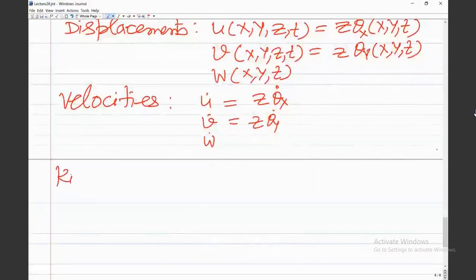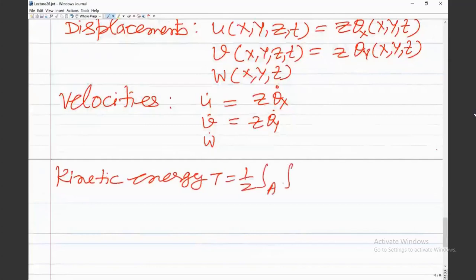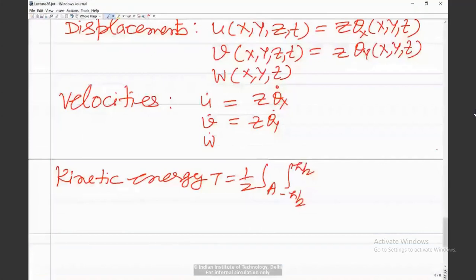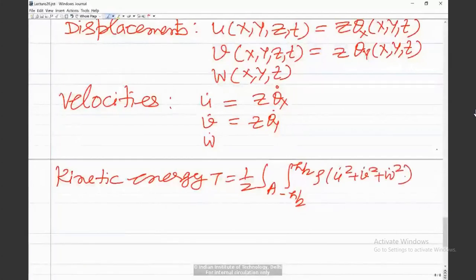So the kinetic energy T is half, integration over volume, and integration over volume is expressed as integration over area and integration through the thickness. So rho into (u dot square plus v dot square plus w dot square), all the three terms are there in this case, dz dA.